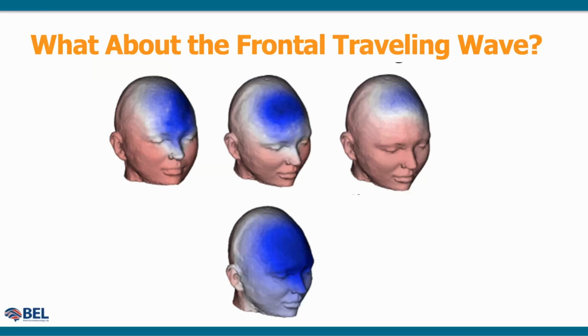And you can see that if you just compare the two middle views, so the top, middle, and then the bottom, they really don't line up. So this theory about a frontal traveling wave is really in question, because from what we see, these sources are very dominant in limbic areas, ventral limbic areas.